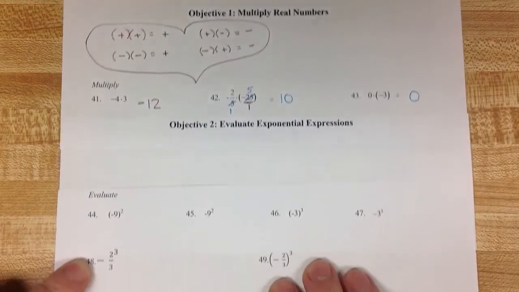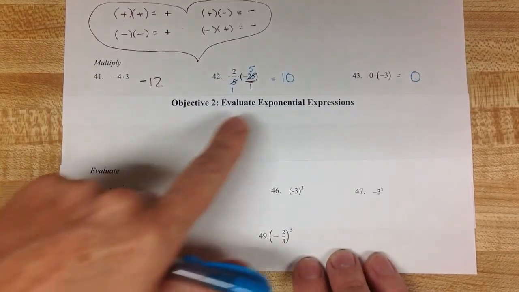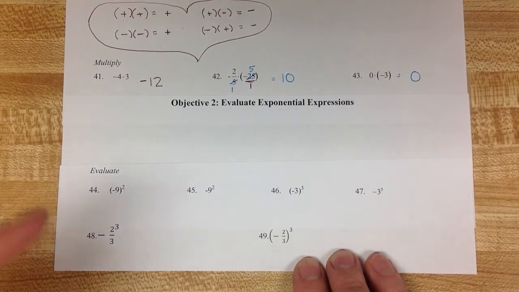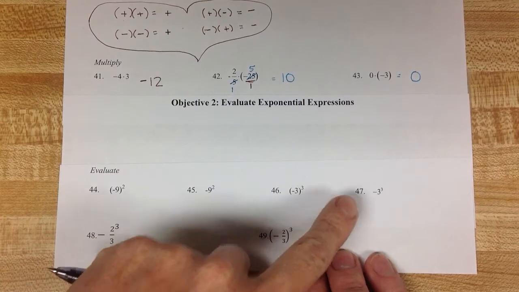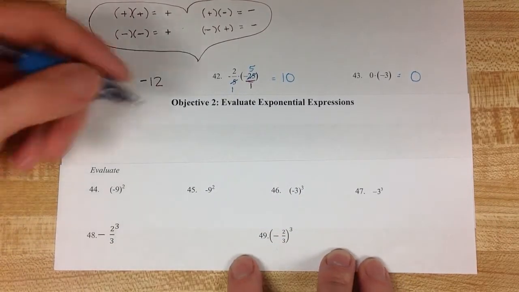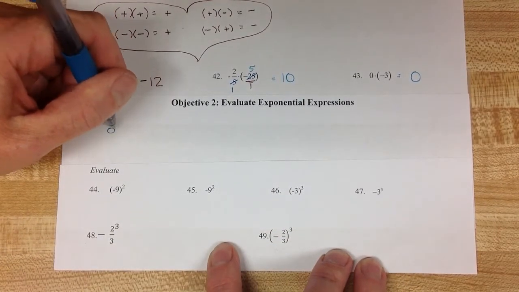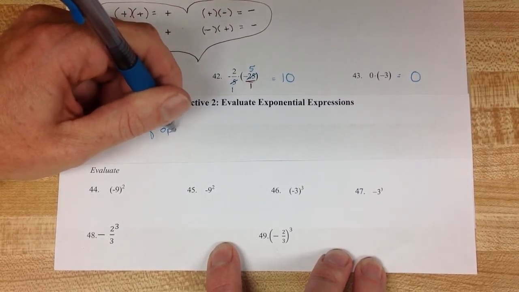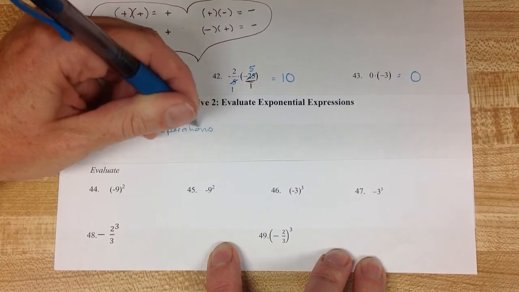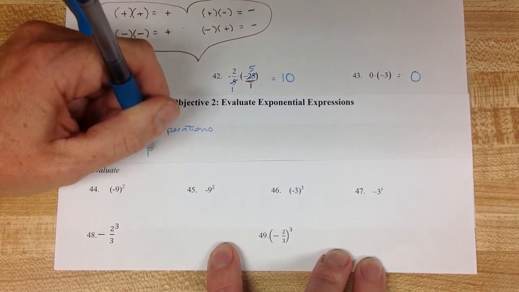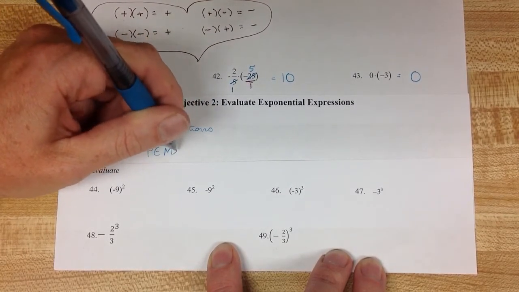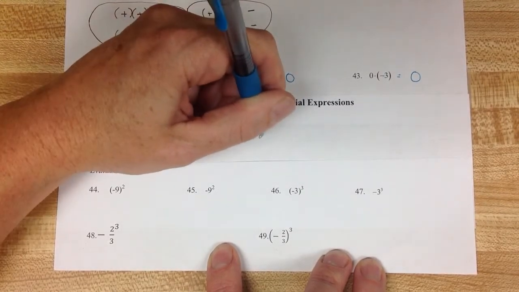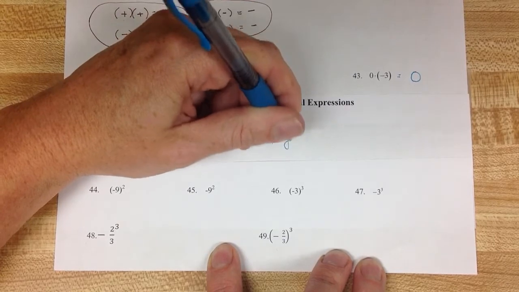Our second objective is talking about how exponents are affected by these negative signs. Okay. So looking at these, the rule I want you to remember is that order of operations, that's the PEMDAS thing, still applies.